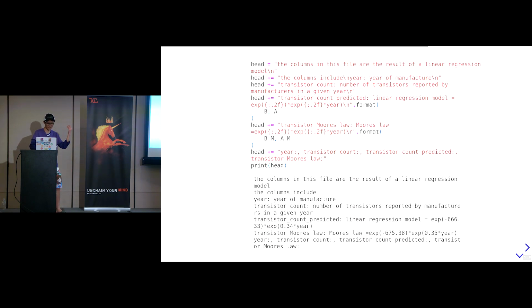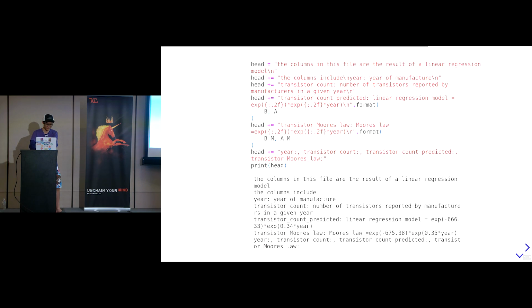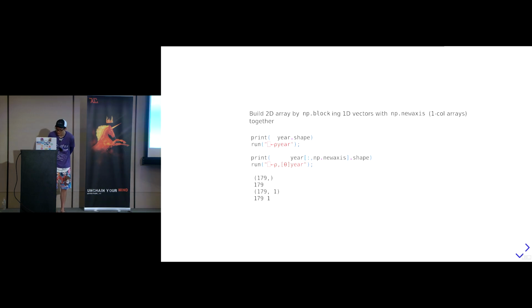Okay, so same story, define header, same result. Now to build the 2D array, the matrix, we're going to use np.vstack and np.newaxis.